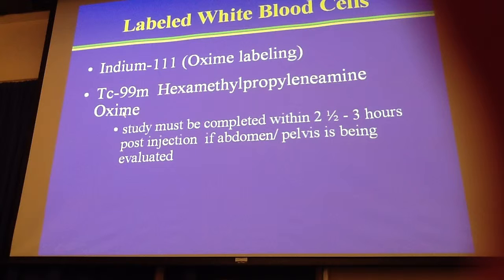So HMPAO with technetium is pretty much for immediate imaging, and you can't do a 24-hour study. You also can't image the lungs. If all you're looking for is the abdomen or pelvis, you can inject the technetium HMPAO, and so long as you get everything done within a couple of hours, you're good. After that, you can't do it anymore.